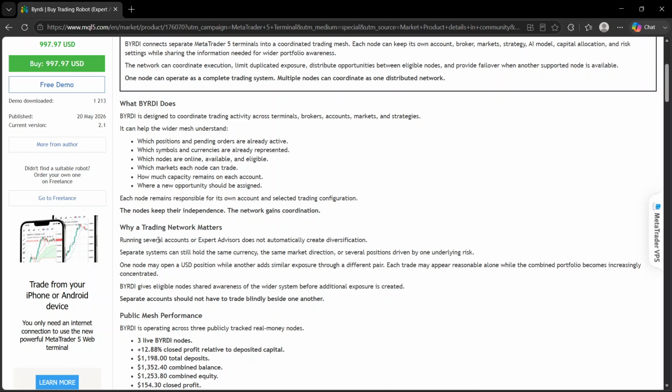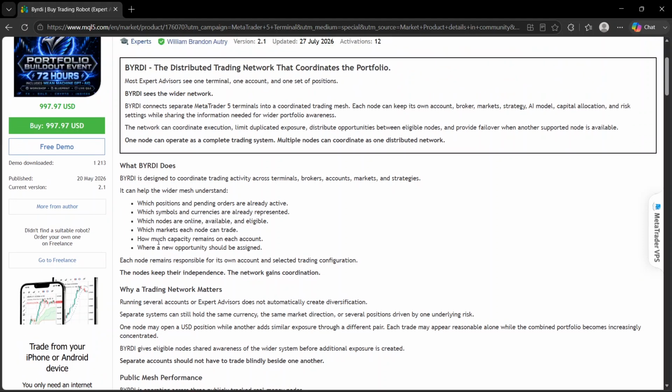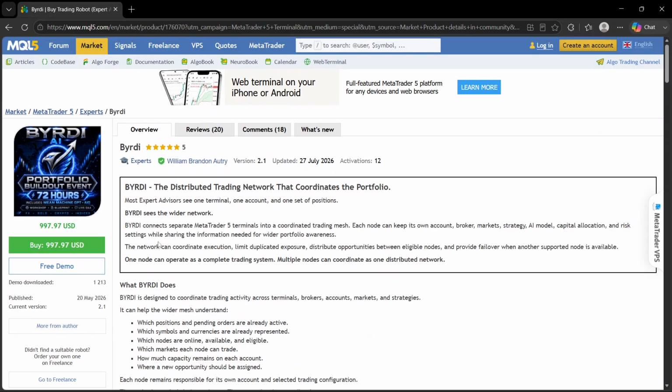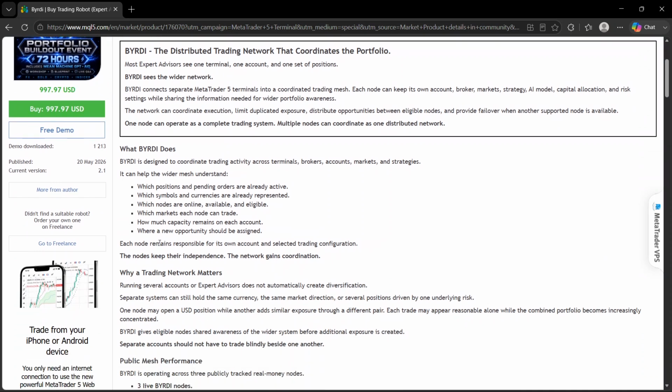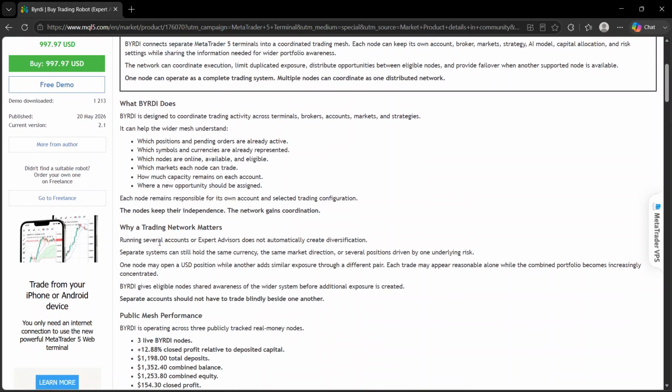Most EAs, according to the developer, only see one terminal and one set of positions, but Byrdi is built so separate MetaTrader 5 terminals can talk to each other. Each one stays in its own node with its own account, broker, market, strategies, AI model, and risk setting, but they share information so the wider network has awareness.